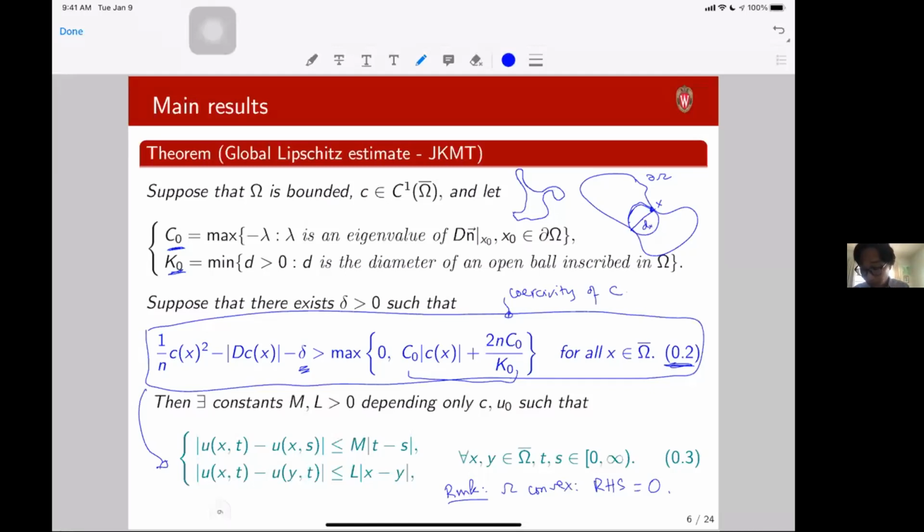But still, the condition says that 1 over nc square minus dc is greater than 0. So if c is not too nice, for example, if c changes sign, or if c is very small, then something can go wrong.